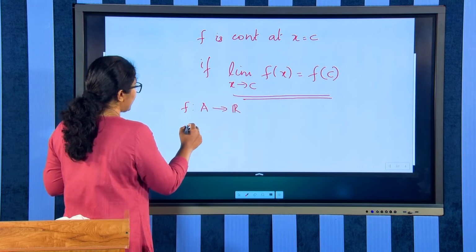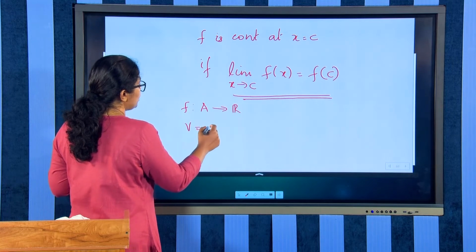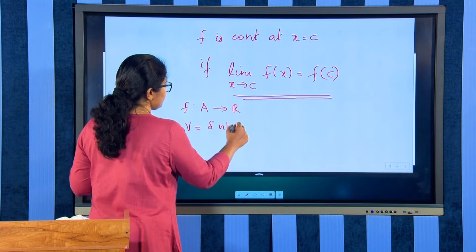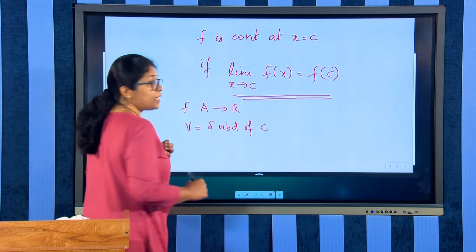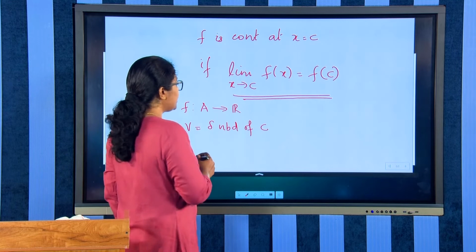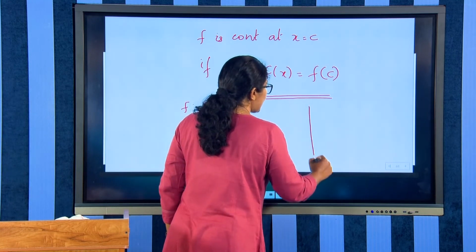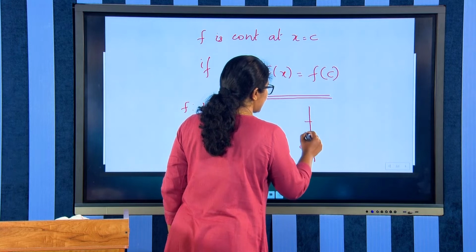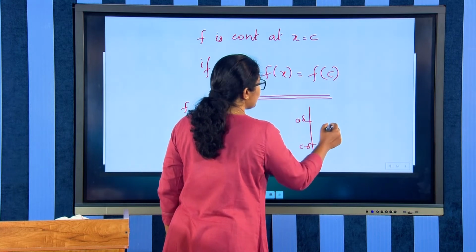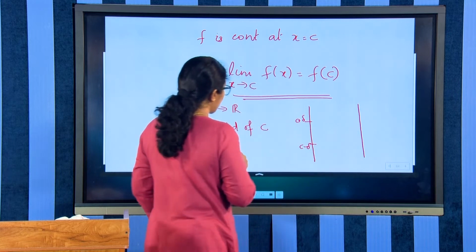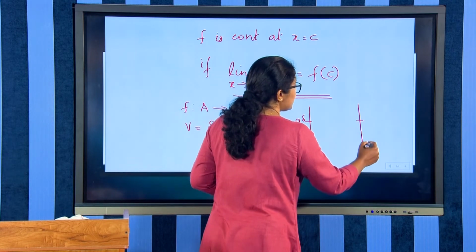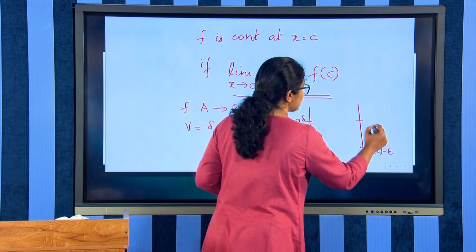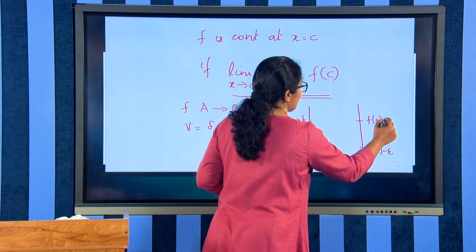and let V equal the delta neighborhood of the point c. Then whenever x belongs to the delta neighborhood of c, that means (c minus delta, c plus delta), correspondingly f of x is in the epsilon neighborhood of f of c, (f of c minus epsilon, f of c plus epsilon).